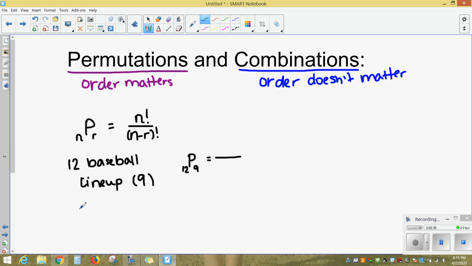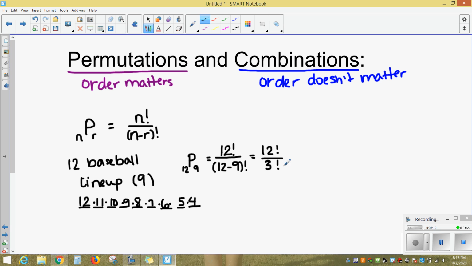Now, if we wanted to write this out like we did in the last video, we would say we're starting with 12 guys to choose from, and once I've selected 1, there's 11 left, and then there's 10, and then 9, and then 8, 7, 6, 5, and then 4. And I would multiply these all together. If I want to write that as a permutation, there's 12 factorial on top and 12 minus 9 factorial on the bottom, which is 3 factorial.